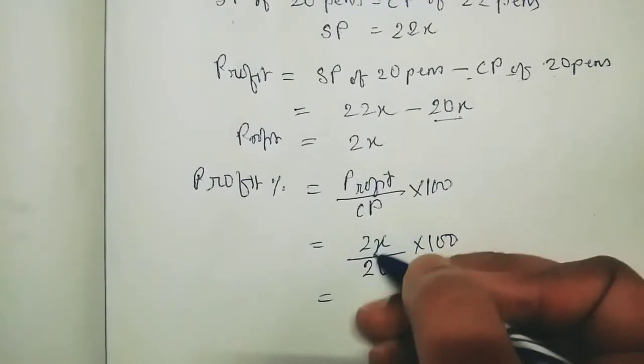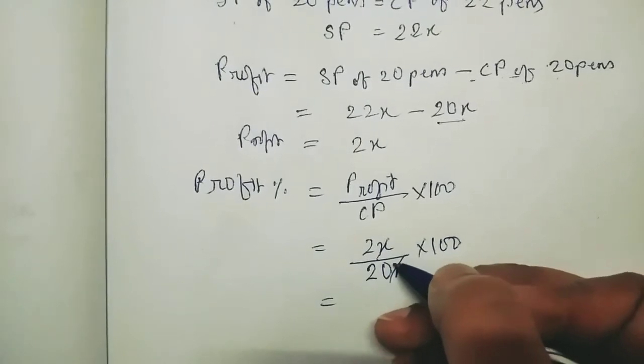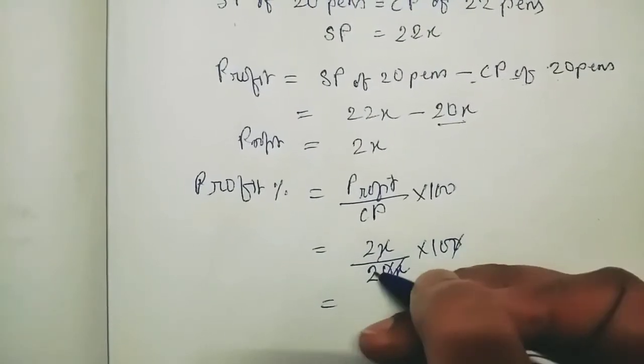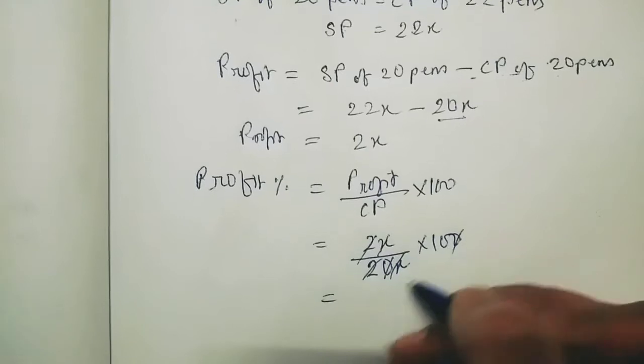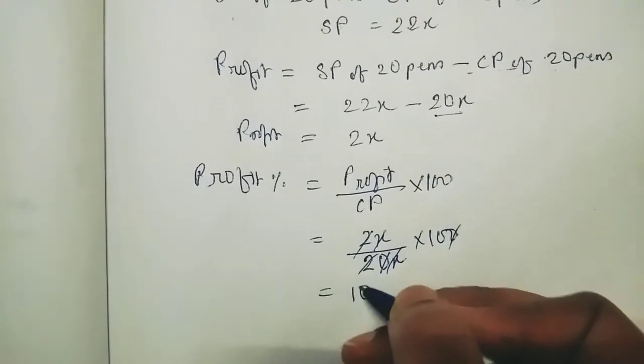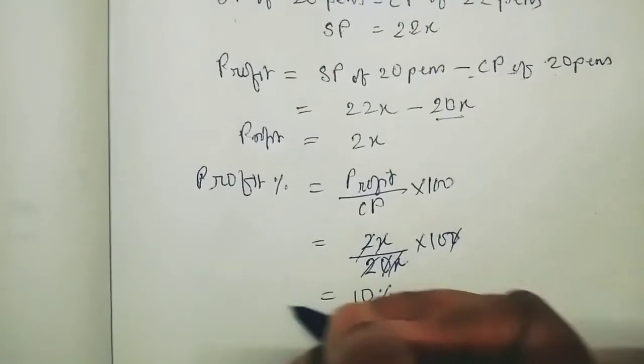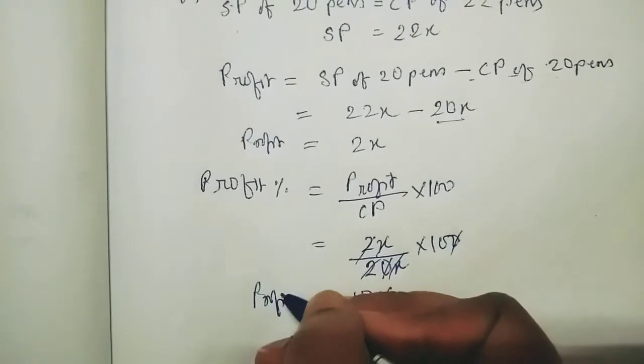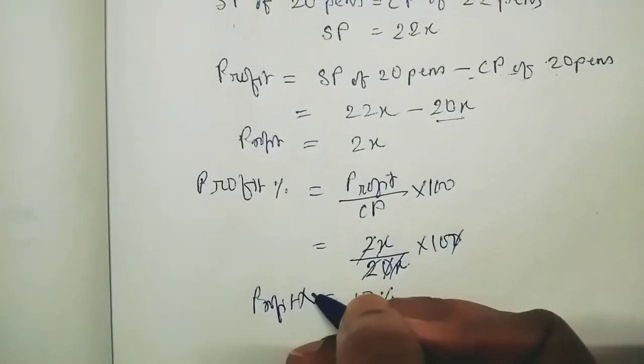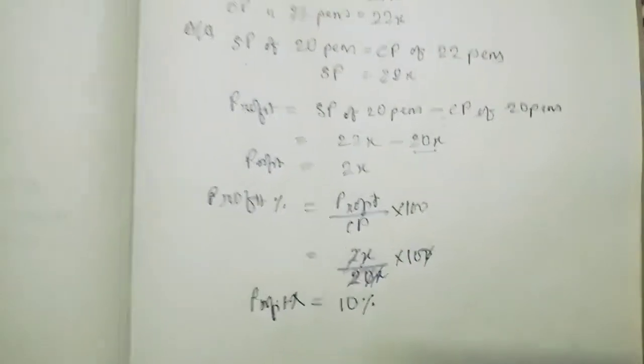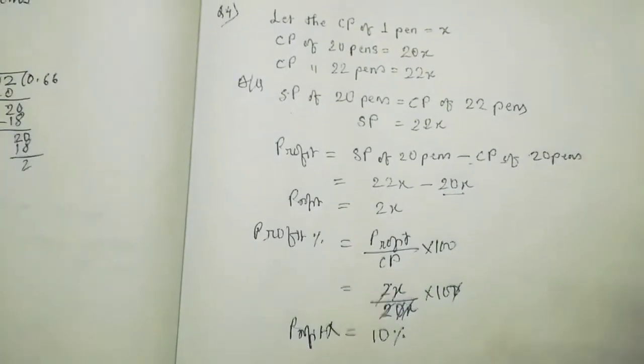Now this X will cancel out, this 0 will cancel, and 2 cancels. So what is remaining? 10. So it is 10%. So profit percent is 10%. This is the answer to this question.